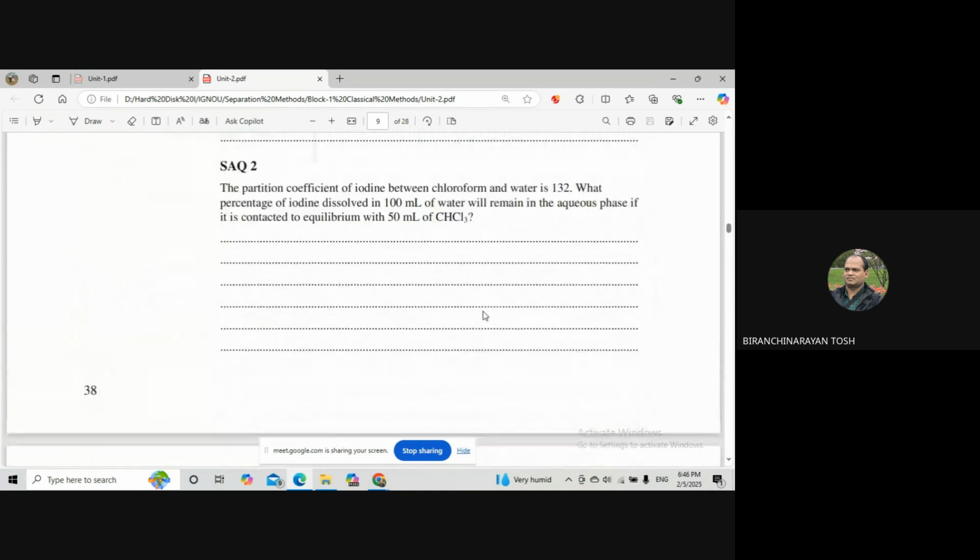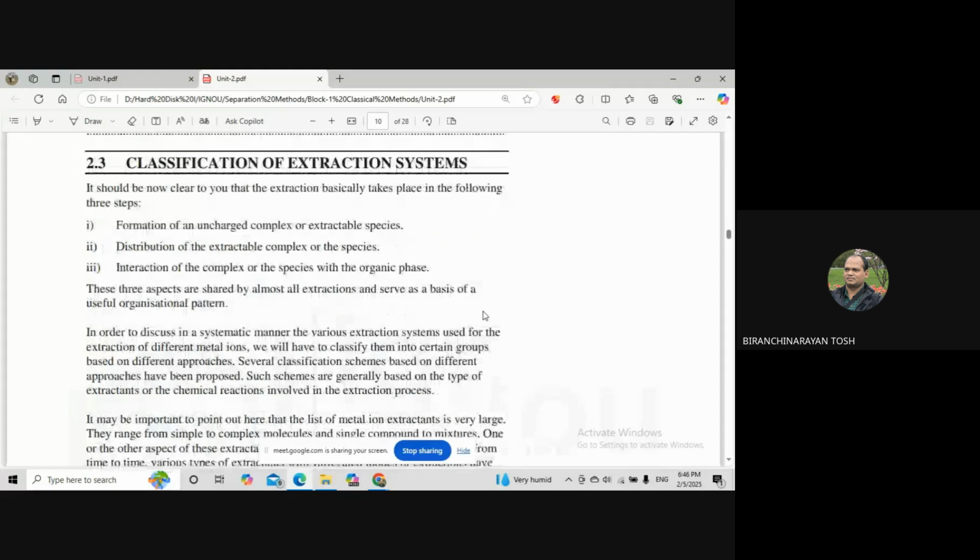Okay, then we'll move to classification of extraction systems. Three steps we have already discussed: formation of an uncharged complex or extractable species, distribution of the extractable complex or species, and interaction of the complex or species with the organic phase, that is association or dissociation.